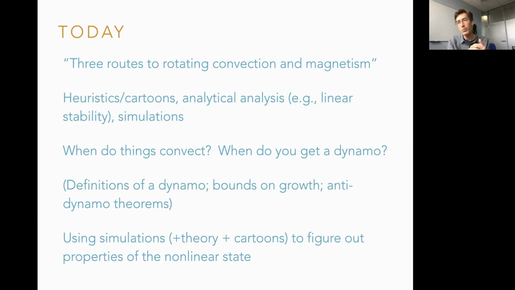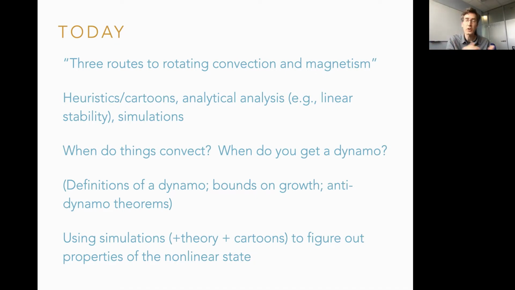And the toolbox might be what I've called heuristics or cartoons, analytical or semi-analytical theory, and then numerical simulations. The piece that I want to argue today is that those things tell you about different facets of a problem. They can allow you to answer different questions.